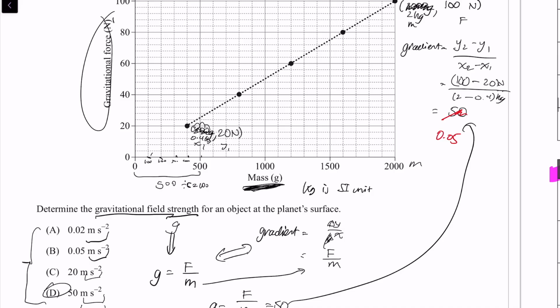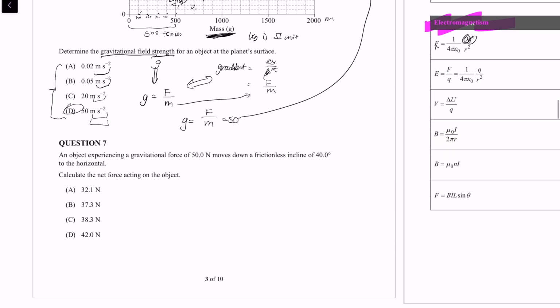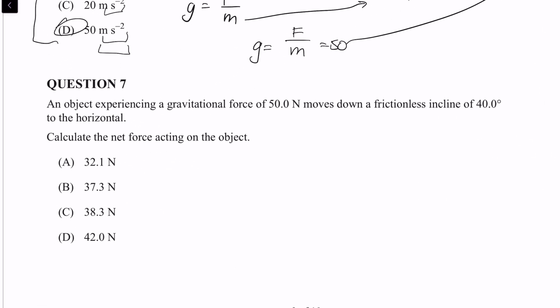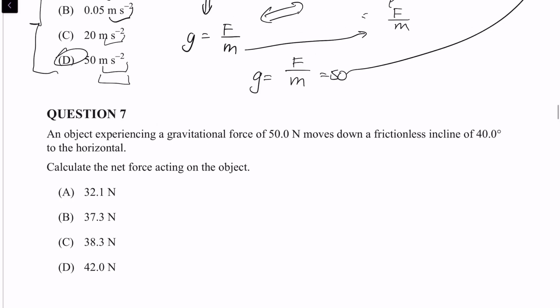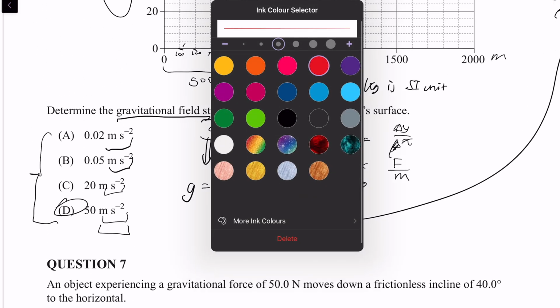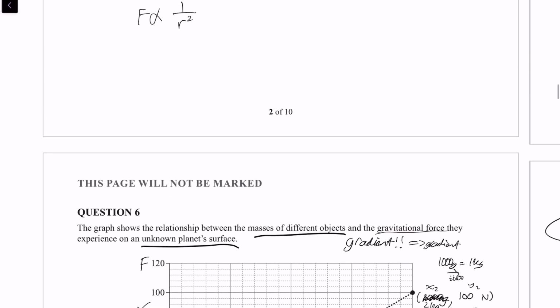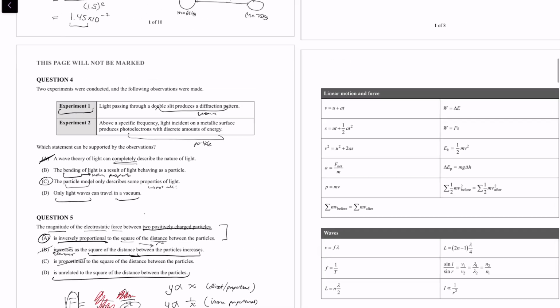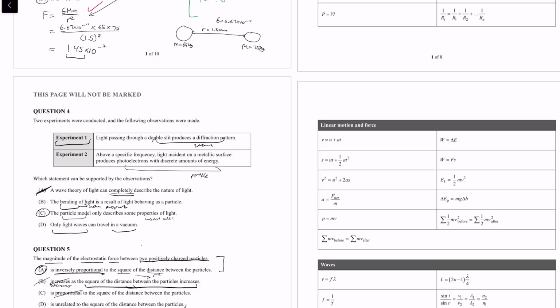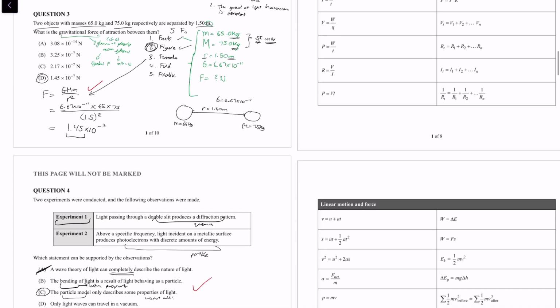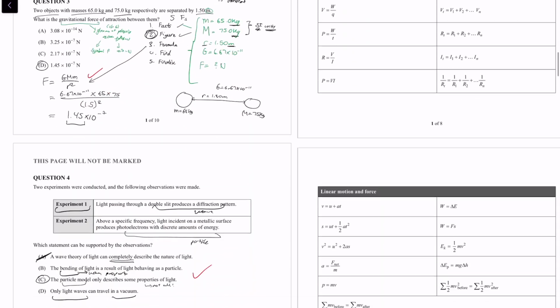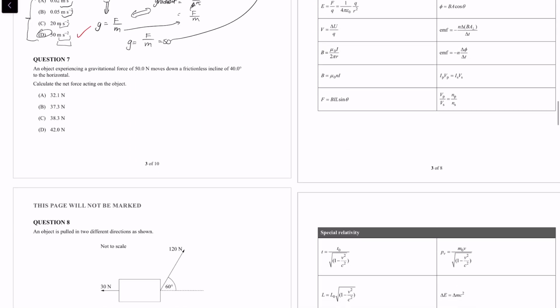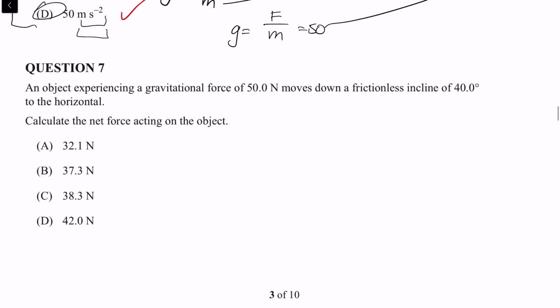So just keep note of that. All right, cool. Inclined planes. Just going through what we've done so far, all these are correct, and all the answers for the external papers are up as well, so you can check these as you go with your revision.